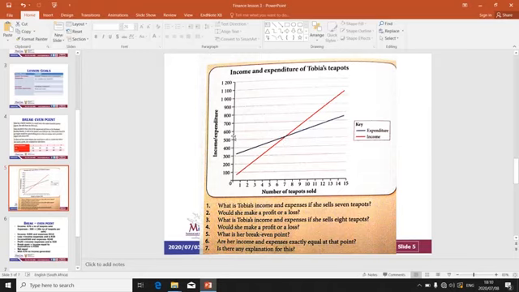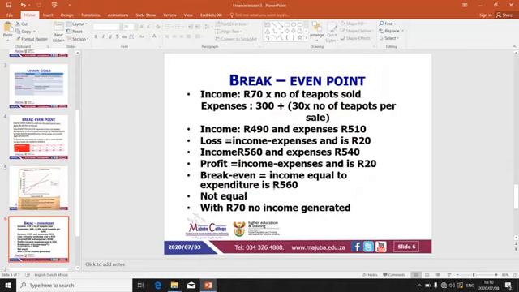You read from this side. This is the money on your y-axis. If they had asked for the number of teapots, you were supposed to move down, but now they are asking for the money. When the income and expense meet, you move to the y-axis. So it is equal to 560. That's where they are equal.